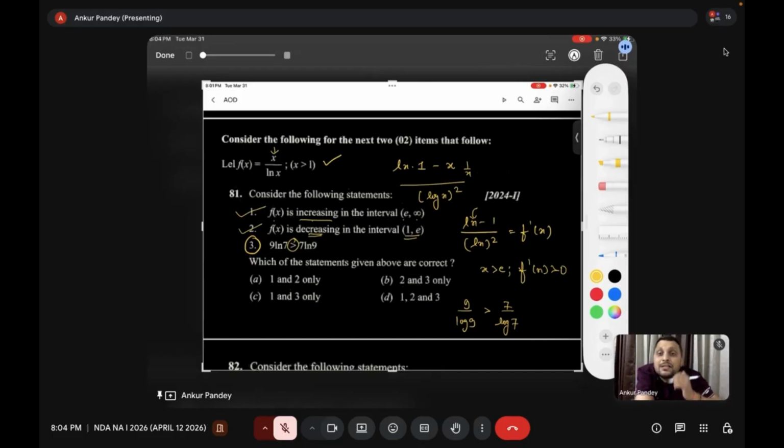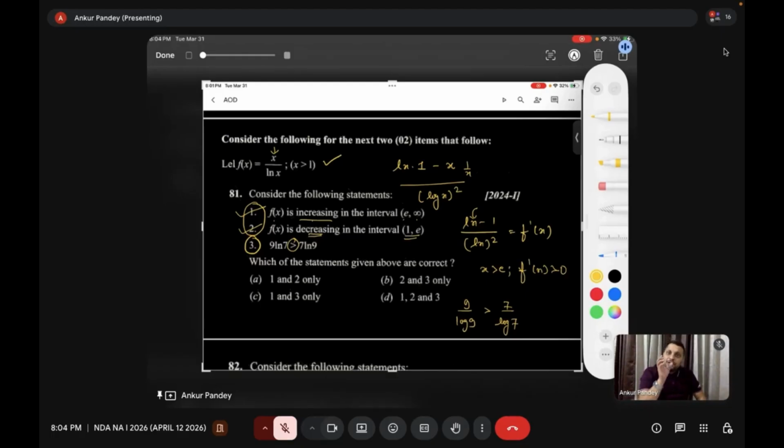Your answer is there in these two lines. As 9 and 7 are more than e, and e is 2 point something, around 2, after e the function is increasing. Yes or no?